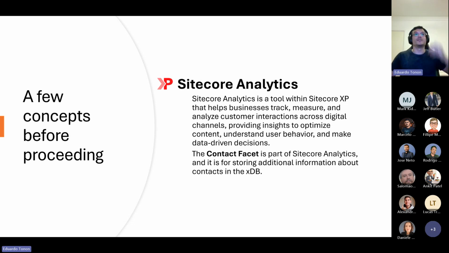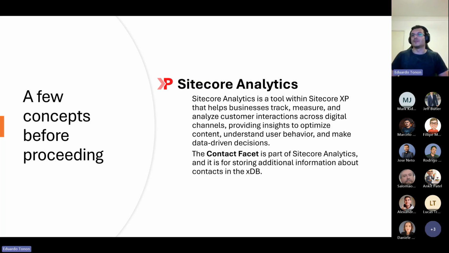Okay, and to give you more details, before going ahead, we need to talk about a few concepts for those who don't know. There are some dependencies on Sitecore Analytics, right? Because as we are going to work with schemas and facets, it's required to have Sitecore Analytics. So it will run on a Sitecore XP version that includes Sitecore Analytics.